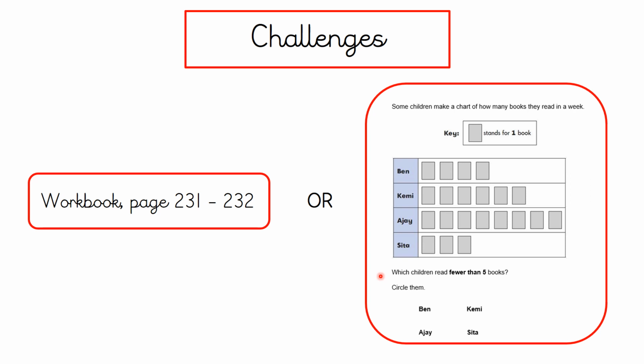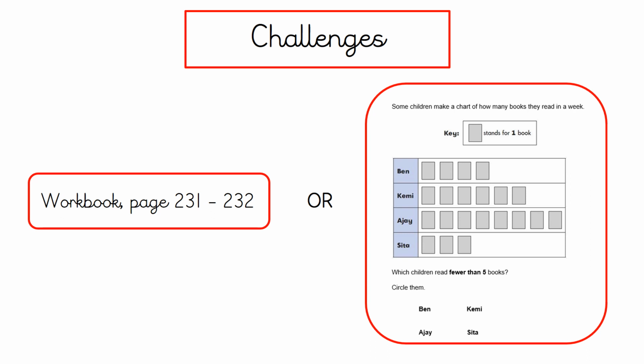Circle them. There are 2 clues here about our answer. The words children and them. Think carefully. Do children and them refer to one person or more than one person?